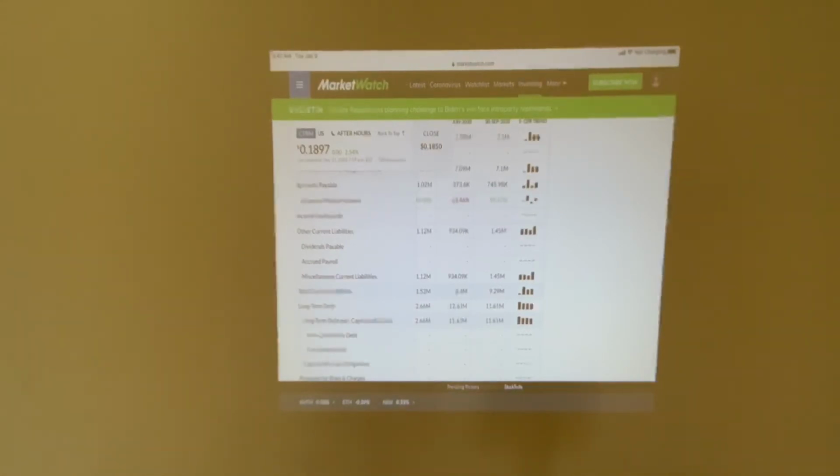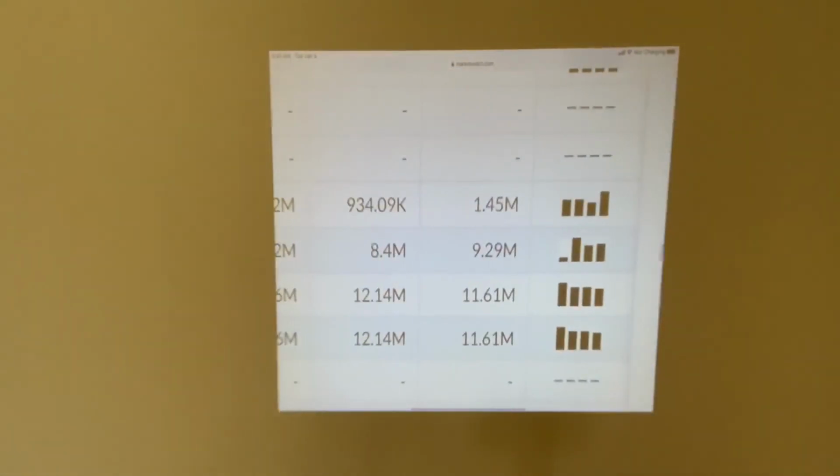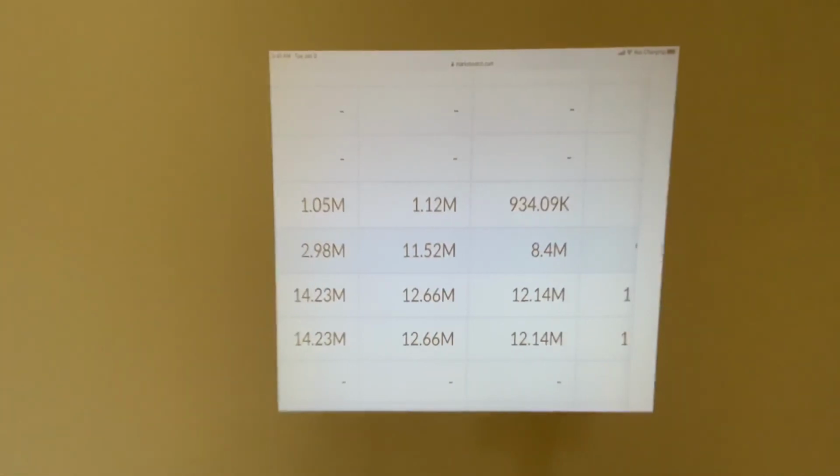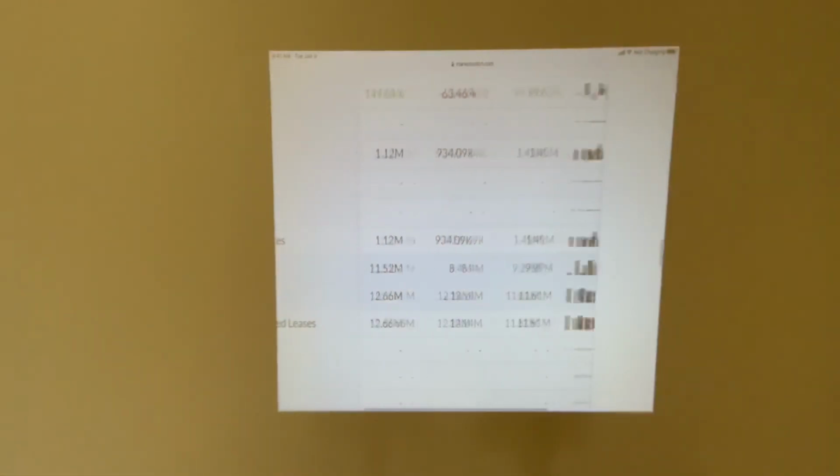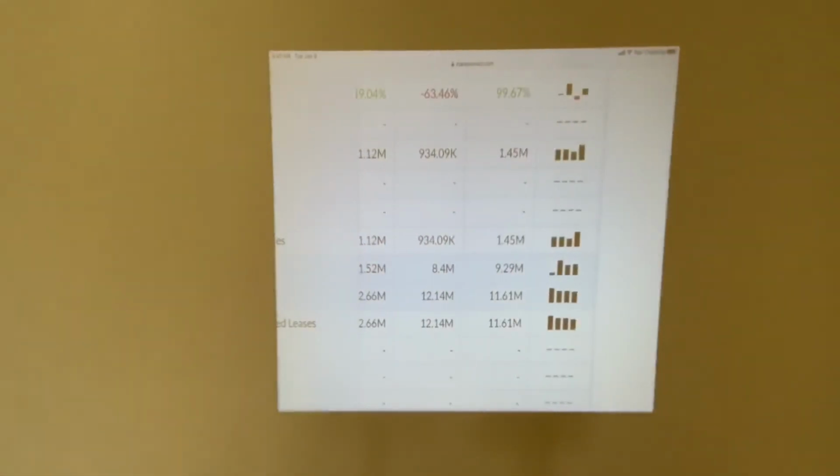They reported in the last quarter 9.29 million in total current liability right here. So they are trending just normal, no serious increase. And they have 40 million of total current assets. What that tells us is that these people have enough money to satisfy any short-term debt.